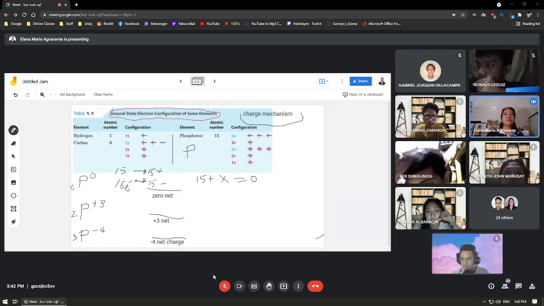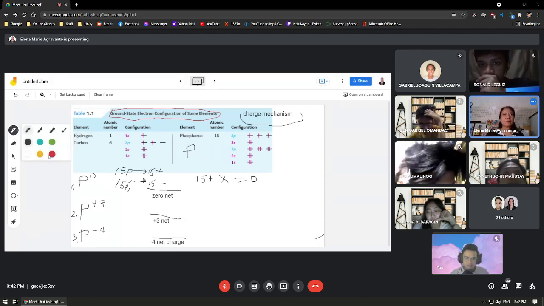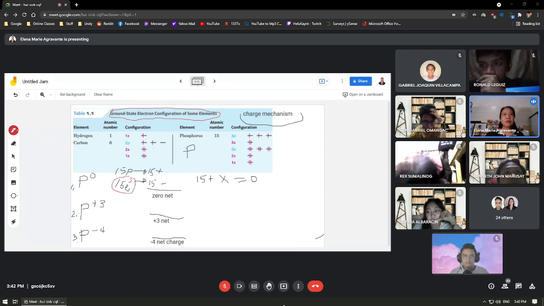E with the apostrophe, that's electron, and here we have the P. The small p means protons. So this is the number of electrons that you will have to distribute.